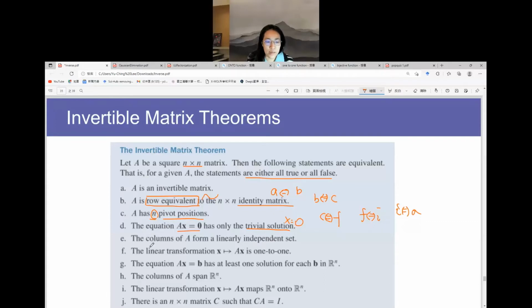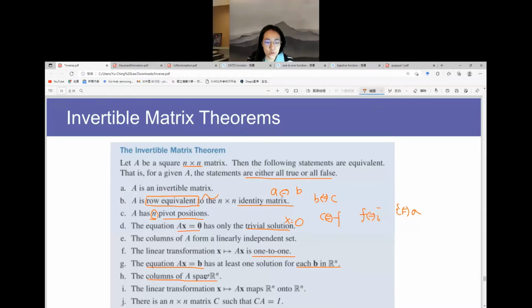It also implies that the columns of A are linearly independent, and the linear transformation is one-to-one. And also the equation AX equals B has at least one solution for each B in Rn space, and the columns of A span Rn space.